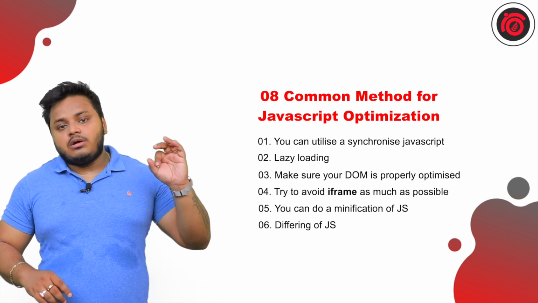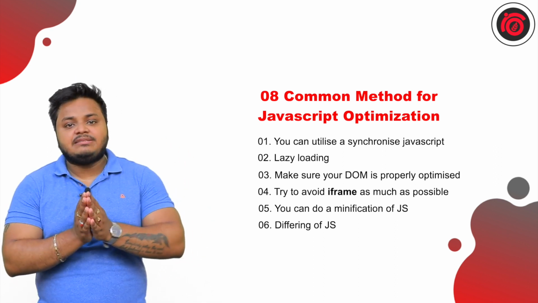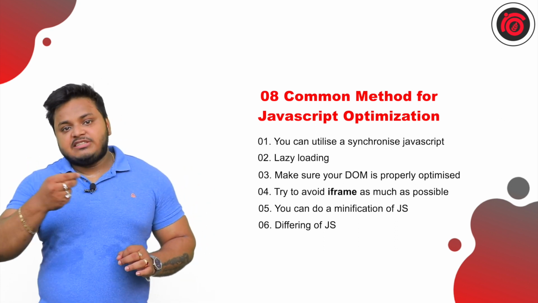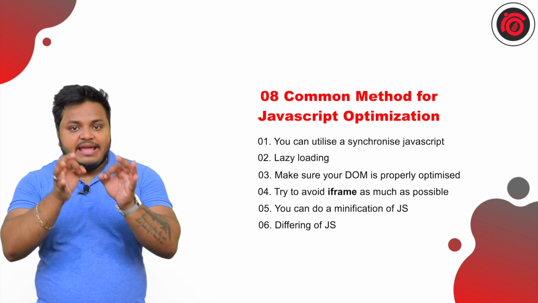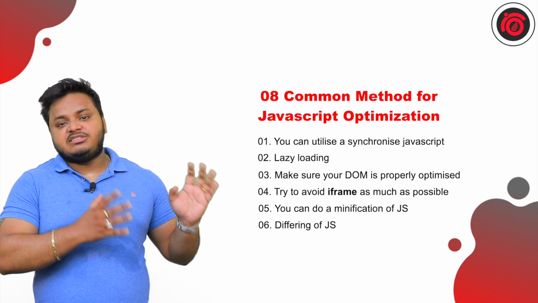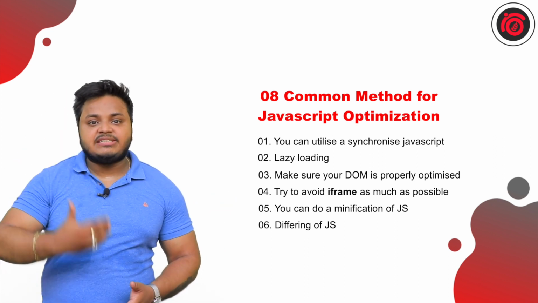Point number 5, deferring of JavaScript. Deferring JavaScript simply means that whenever a page is loaded, the JavaScript should be the very last execution point. This is somewhat similar to asynchronous JavaScript loading, but the only difference is pushing JavaScript as far down as possible.